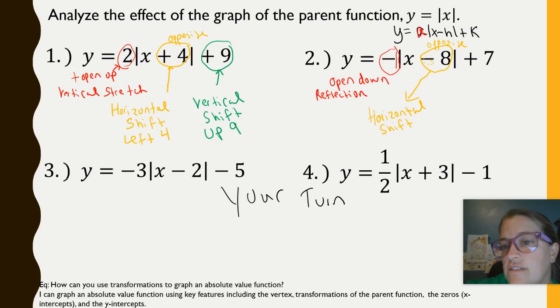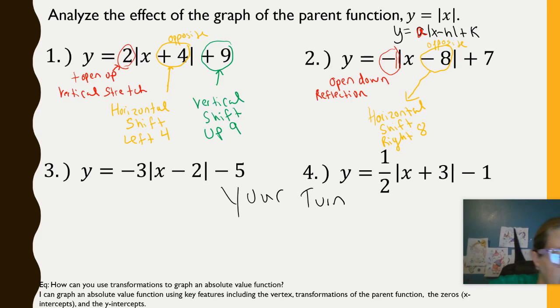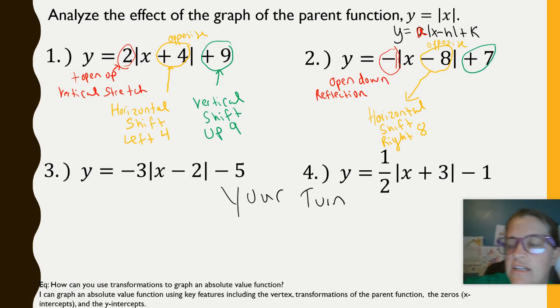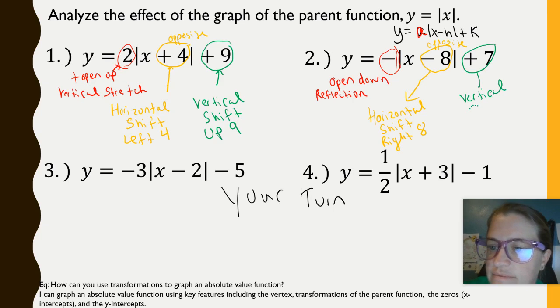And you would think it goes left because it's negative, but it actually does the opposite and it goes right 8. And at the end, the last little bit, it's still a +7. So that tells us it's going to be a vertical shift. And since it's positive, it's going to go up 7.